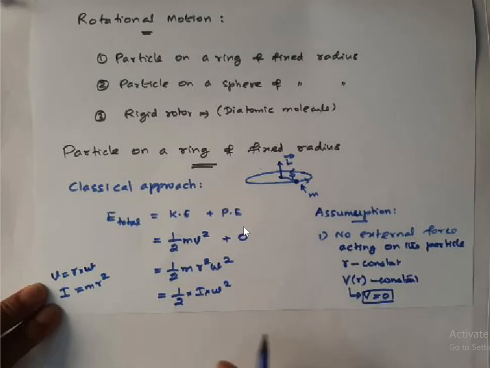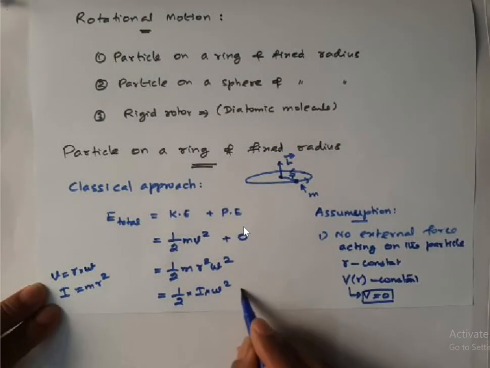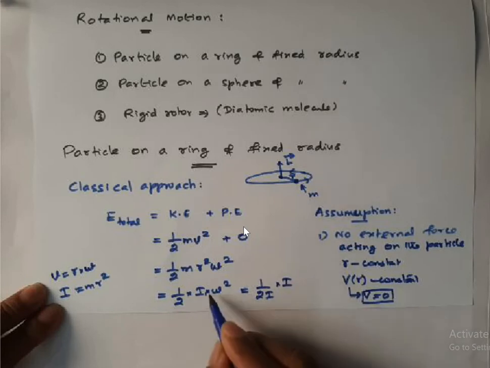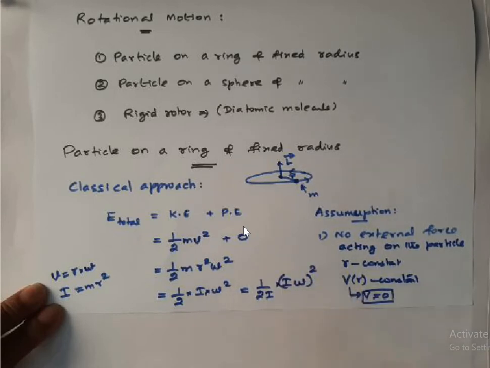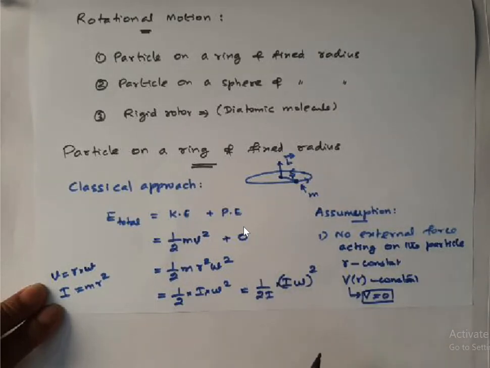Now I will multiply the numerator and denominator by I. So I'll get 1 by 2I into I square omega square. Let me write that as I omega whole square. And you know very well moment of inertia into angular velocity is nothing but angular momentum.